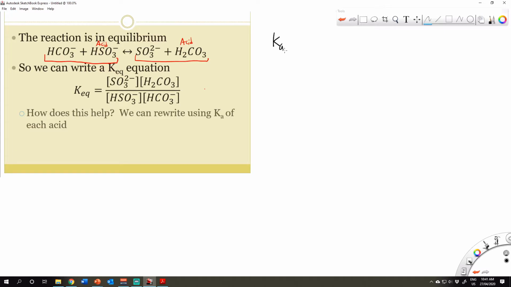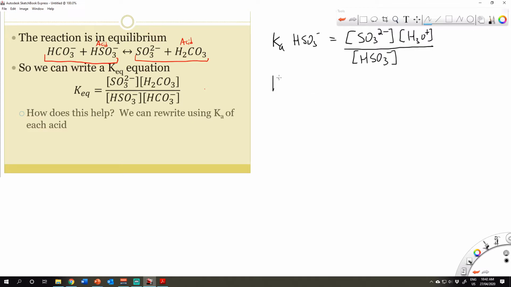So here's the Ka of HSO3-. This would be calculated as follows. The concentration of SO3 2-, it'll create some amount of hydronium, and this will be all over the concentration of HSO3-, like that.